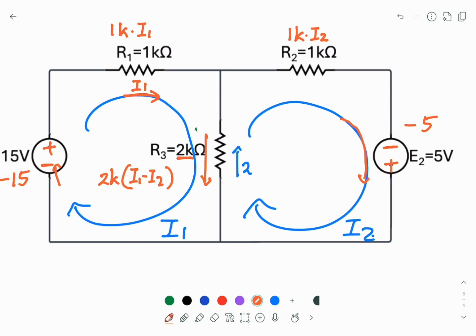From the point of view of I2, I2 must be bigger than I1. It means this time I2 must be bigger than I1. So the current from the point of view of I2 is I2 minus I1. This current multiplied by 2K is the potential difference of R3.